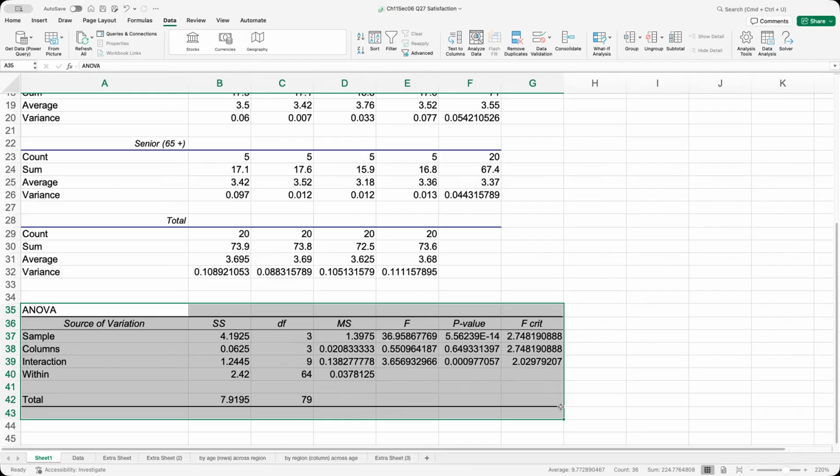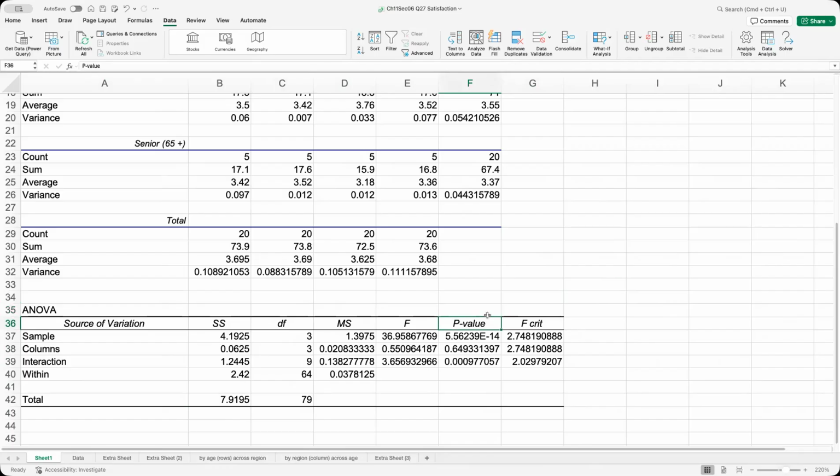Do I keep the null hypothesis, my rows don't matter? Or do I reject it and say my rows matter? Well, we think we reject the null hypothesis.